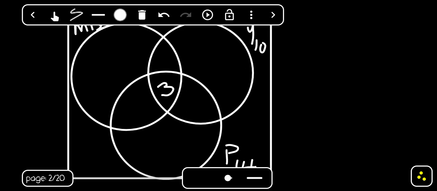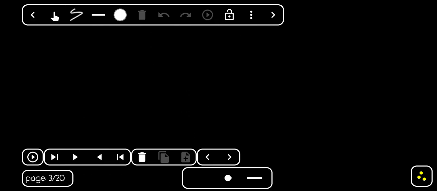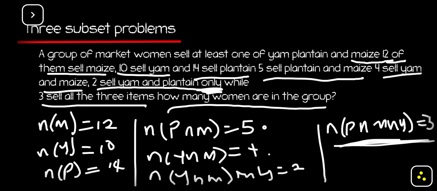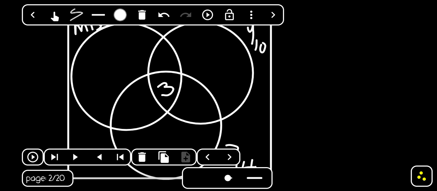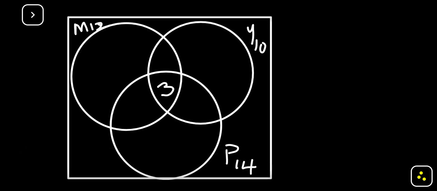Now, the next one is that number of those that sell plantain and maize is 5. I'm going to explain something here very quickly. This is maize, this is plantain. The intersection of maize and plantain is 5.